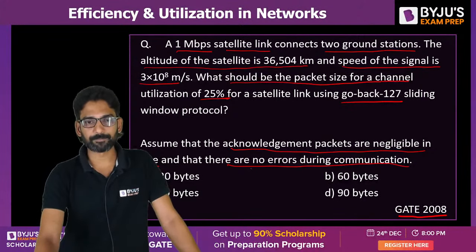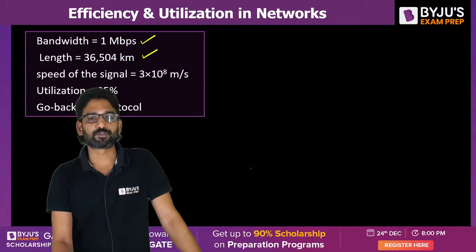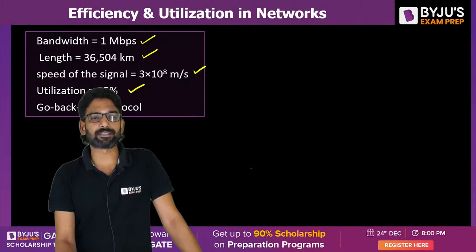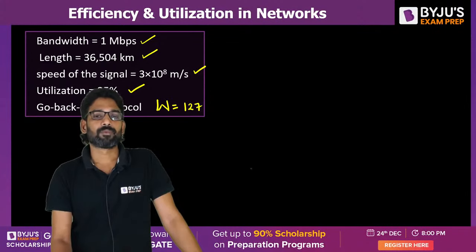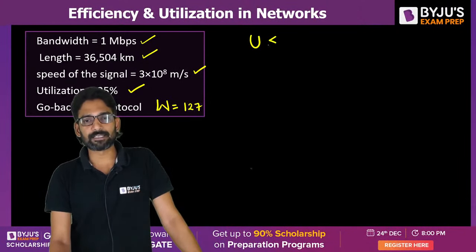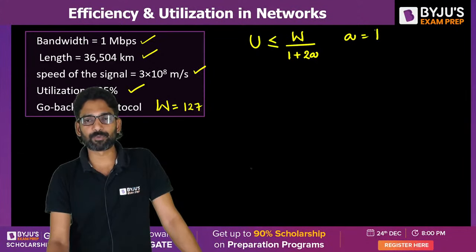Let us solve it. We are given bandwidth 1 Mbps, length, speed, utilization. Go Back 127, that means W is equal to 127. We know U is less than or equal to W by 1 plus 2A, where A is equal to propagation delay by transmission delay.